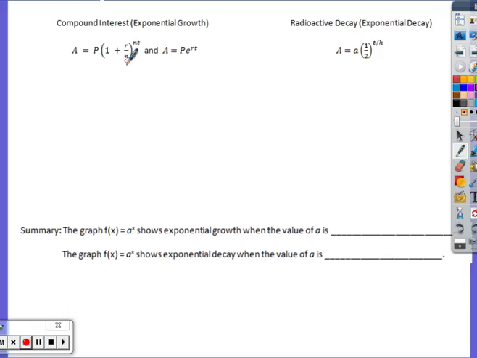Yeah, these are used with word problems. This one is used if it says it's compounding monthly or compounding daily or compounding yearly or something, okay? But this one is used, anybody know if it says compounding what?